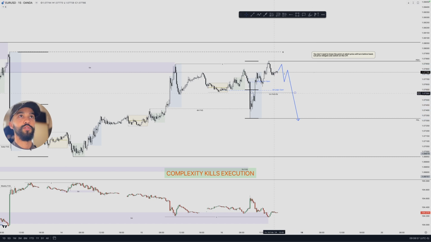And it's the same once we get to this area. All we need to do is wait for price to do something. It may do something like this and then turn around and come back, and then we can trade it up to this first buy side liquidity here, or buy side liquidity here if it's still remaining, if price doesn't do this. Do you see what I mean? This is my strategy, this is my analysis.